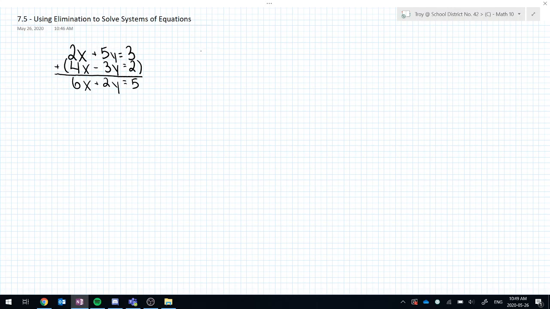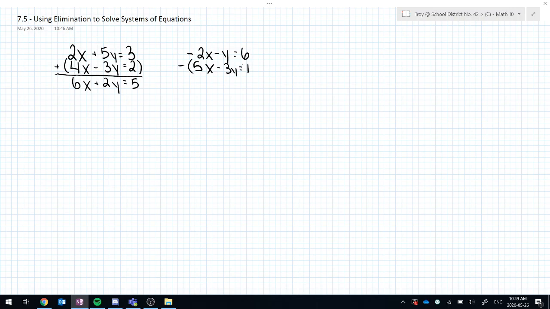And of course we could also subtract them. So if I had something like negative 2x minus y equals 6, I could subtract from it something like 5x minus 3y equals 1.